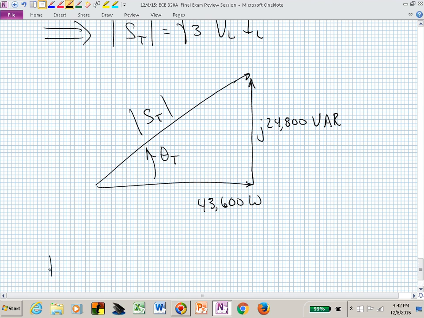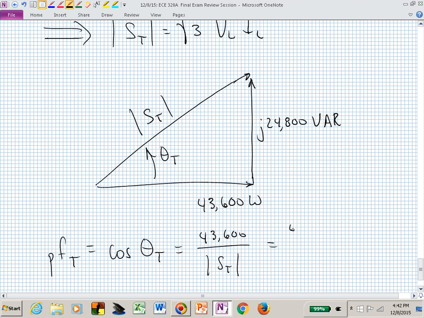And we could then say that the power factor total is what? This is the power factor of all three loads combined. That's the cosine of that angle up there, theta sub t, which is 43,600 over the magnitude, or over the hypotenuse.